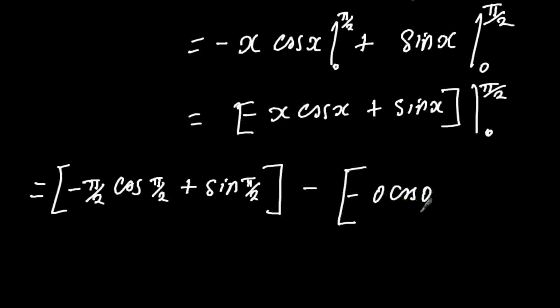So this 0 times anything here gives us 0, then plus sine of 0, and sine of 0 also is 0, so this whole bracket is 0.